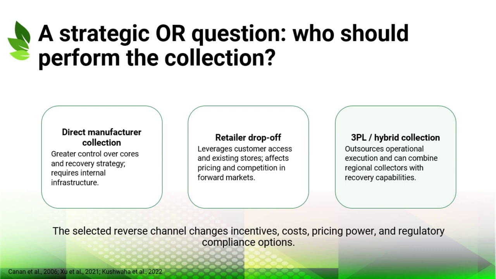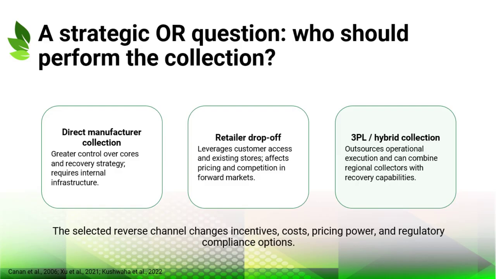A major strategic question is who should perform collection. If the manufacturer collects products directly, it keeps stronger control over cause, quality information, and recovery strategy, but must build internal infrastructure and management resources. Retailer drop-off uses existing customer access and store networks, yet it can affect pricing, competition, and coordination with forward sales.